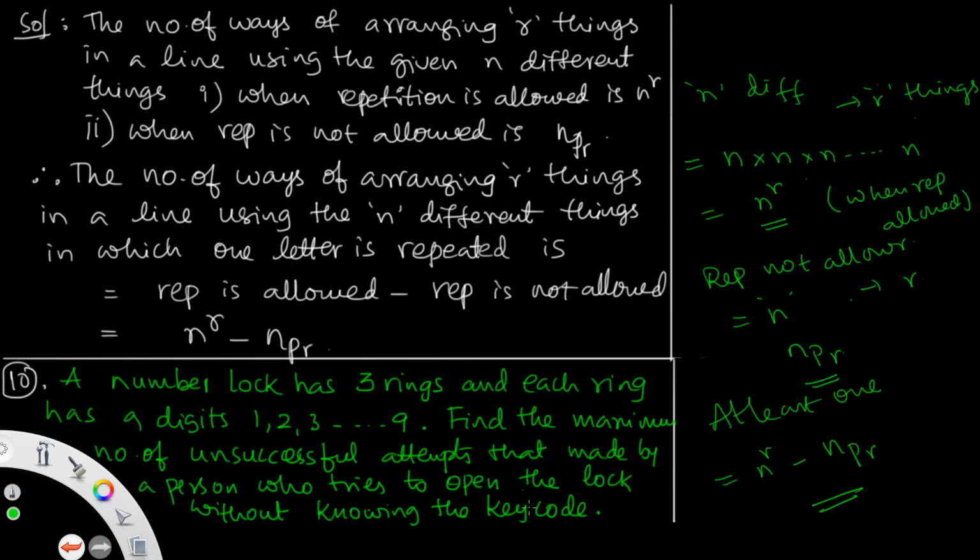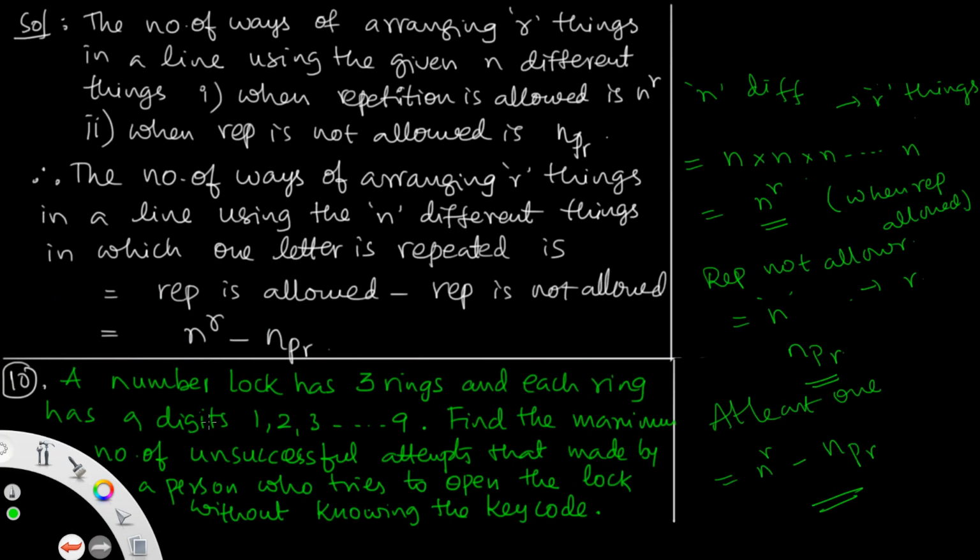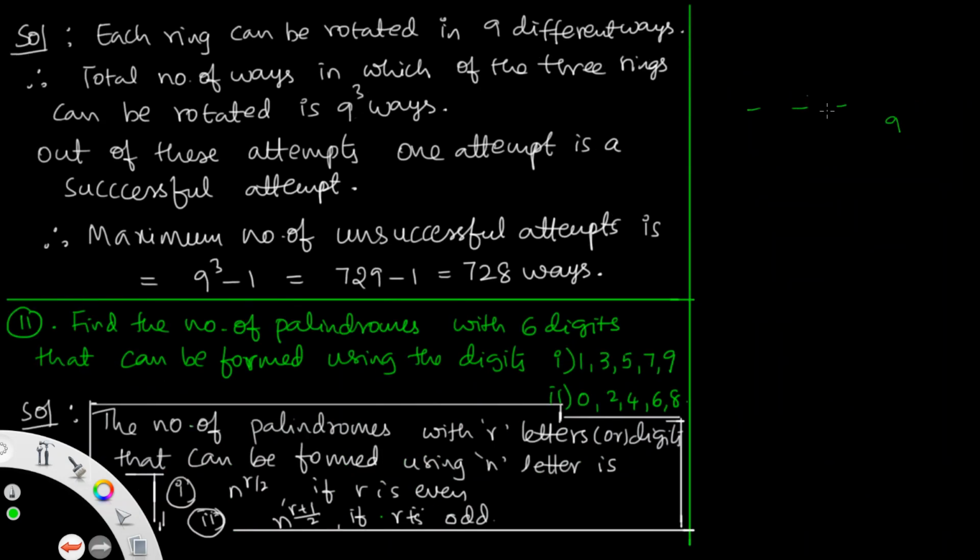Each ring can be done in how many ways? 3 rings are given, and each ring has 9 digits.